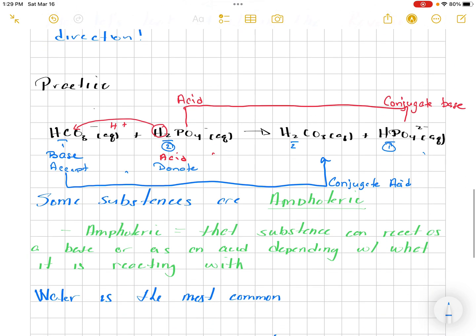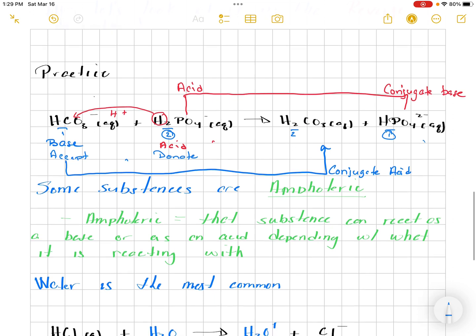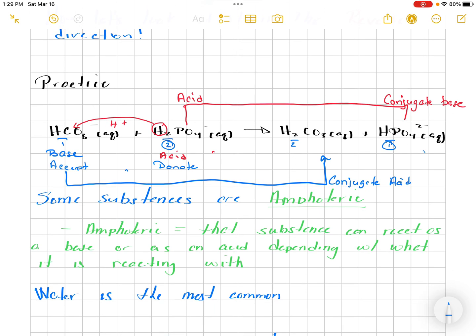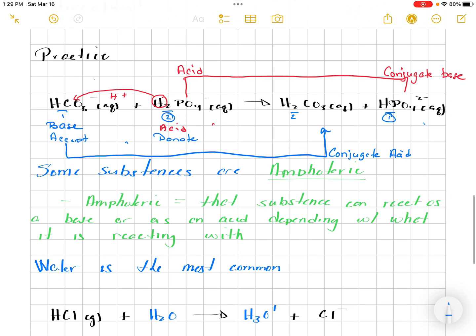Now, looking at certain substances, certain substances are going to be considered amphoteric. Amphoteric means that a substance can behave or react as an acid or a base depending on what it's reacting with. Water is the most common example of an amphoteric substance. So let's take a look at a couple of reactions.